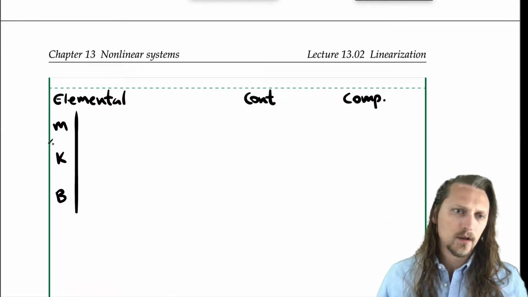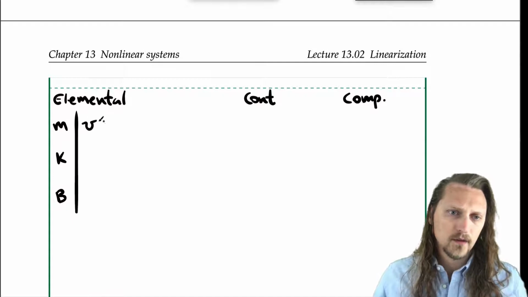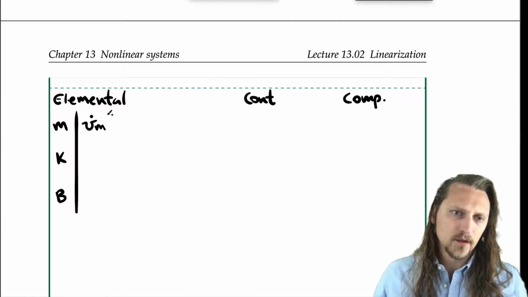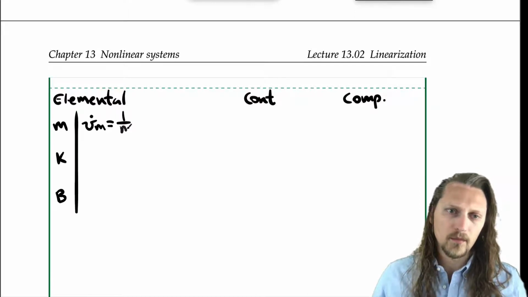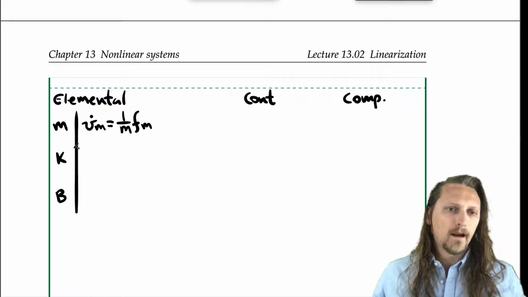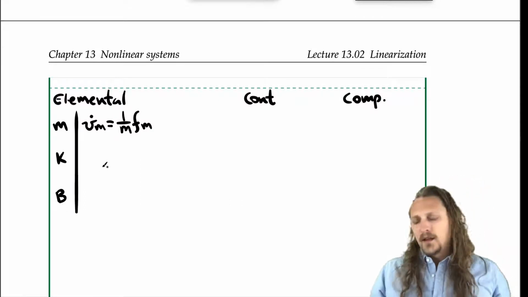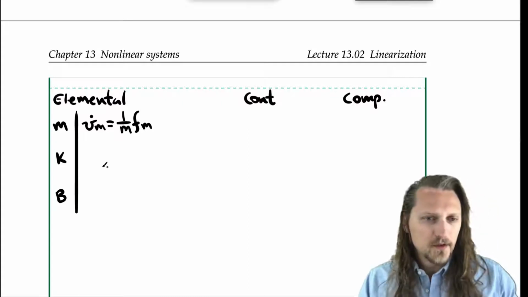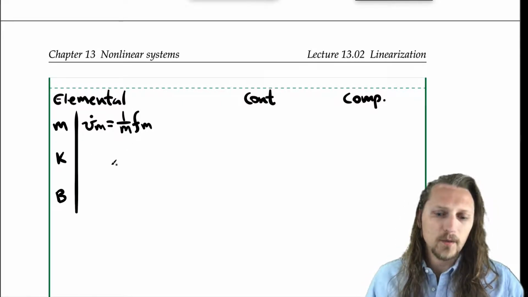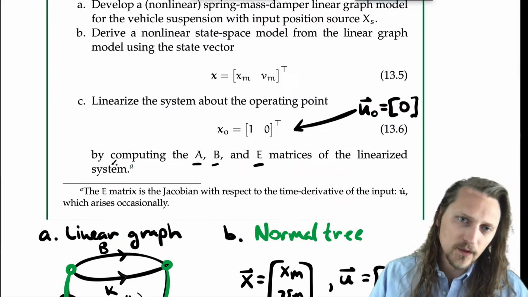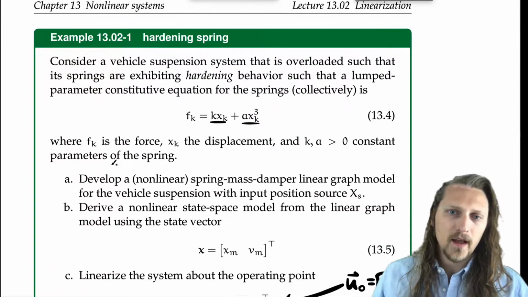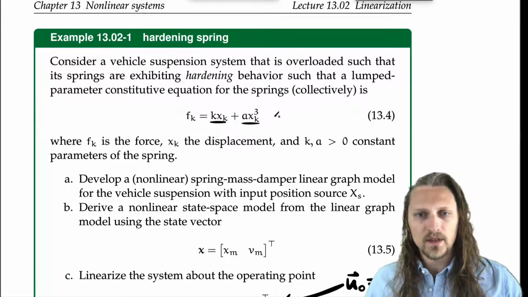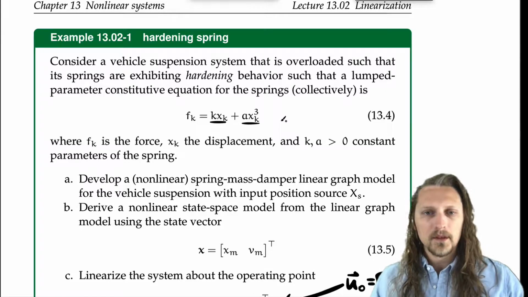So our mass elemental equation is just Vm dot equals 1 over m Fm, as always. K, unfortunately, is a nonlinear spring, or fortunately, because we get to do more interesting things now. So we typically take the constitutive equation, and to find the elemental equation, we take the time derivative of it, right?